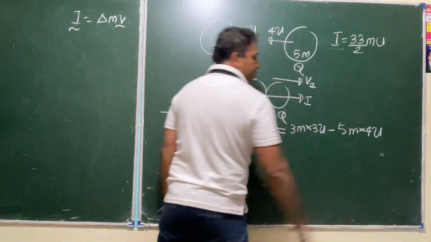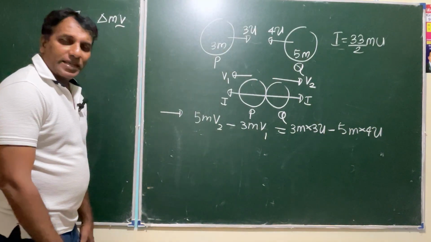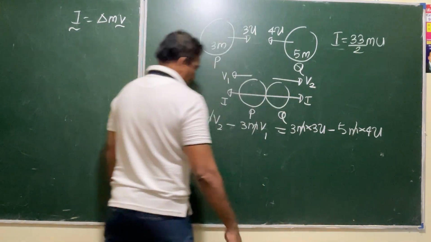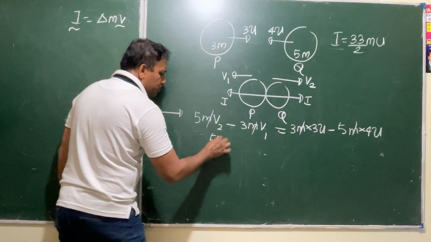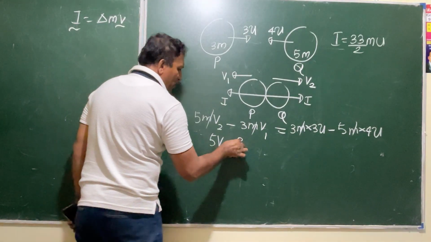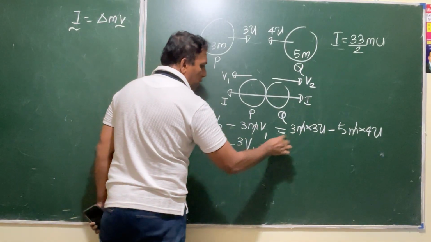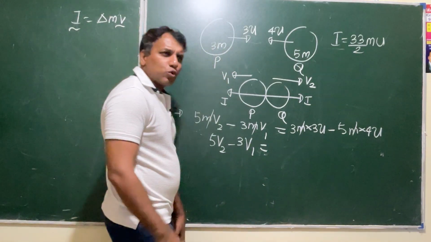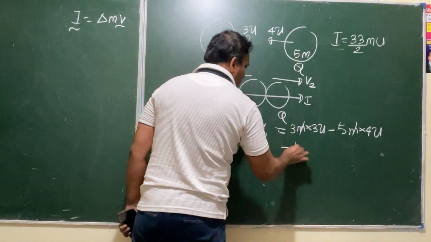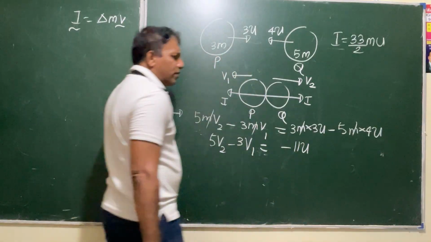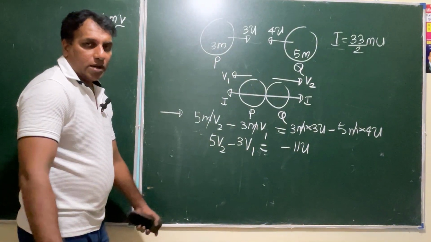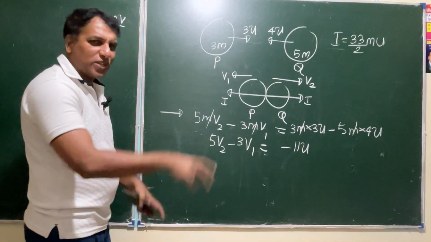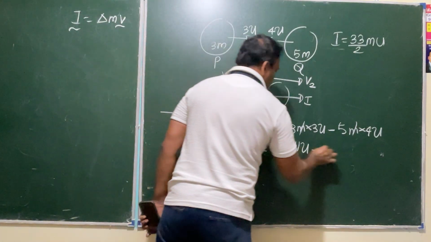Now m is common, so divide every part by m: it becomes 5v2 minus 3v1 equals 9u minus 20u, which is minus 11u. If the velocity comes out negative, the direction should be changed. Call this equation number 1.